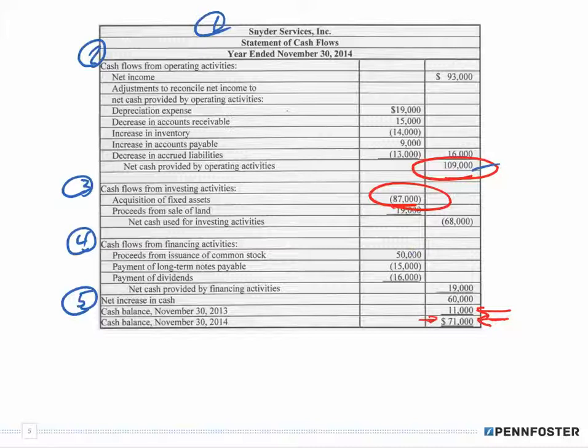Snyder Services used negative cash flows of 68,000 for investing activities. However, this indicates that the company is investing its cash into long-term assets of the business. Snyder's financing activities provided a net cash flow of 19,000.